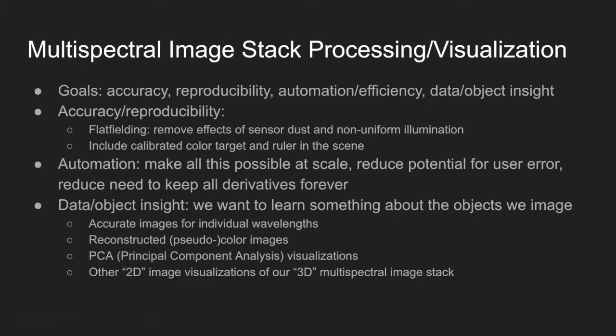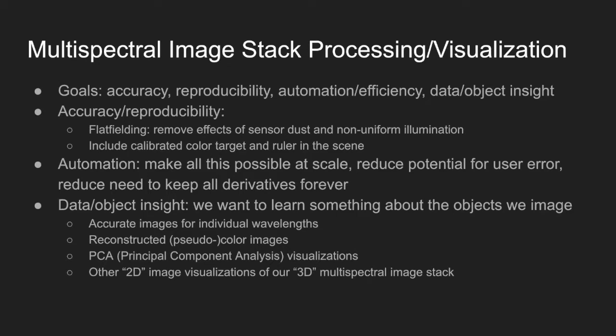So we want to facilitate having actual insight into the things that we're imaging, not just pretty pictures. Pretty pictures are always nice, but ideally we're getting insight into the objects that we're imaging. So part of that is also ensuring that we have accuracy and reproducibility, that we're getting real knowledge about the objects that we're imaging, not inaccurate knowledge.